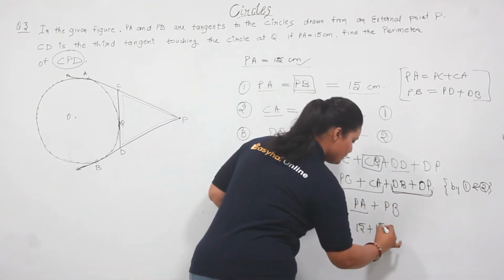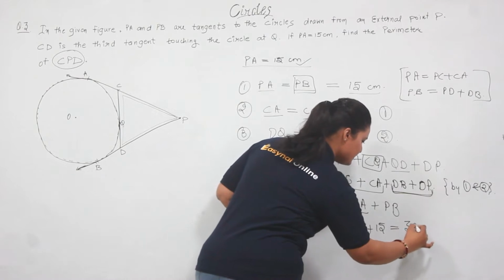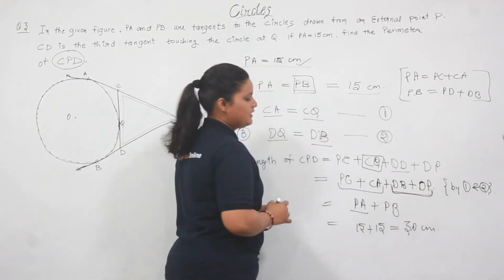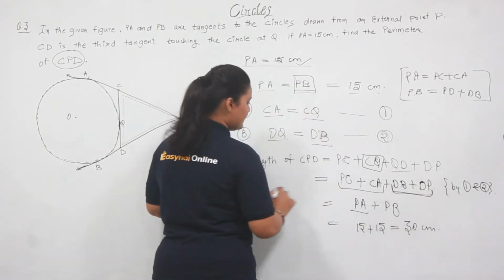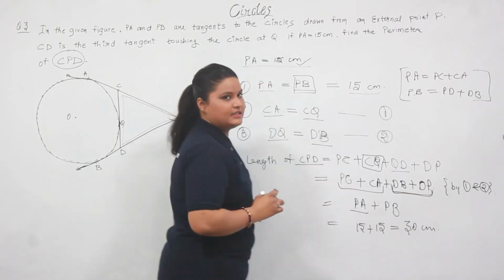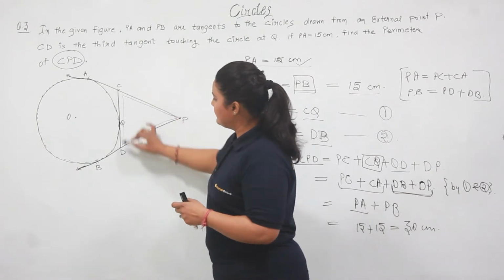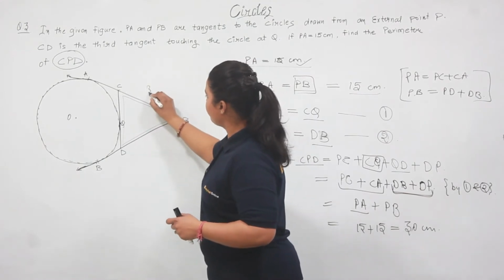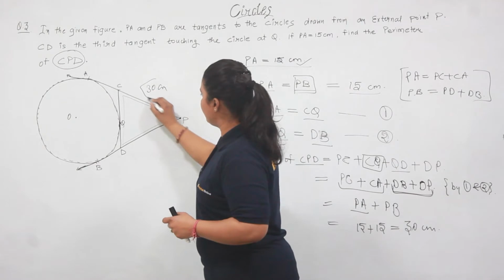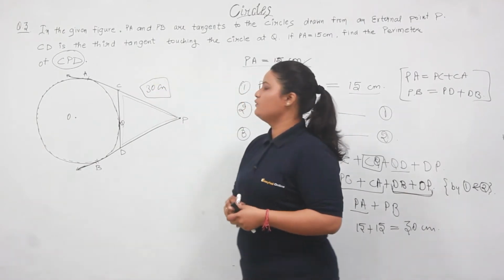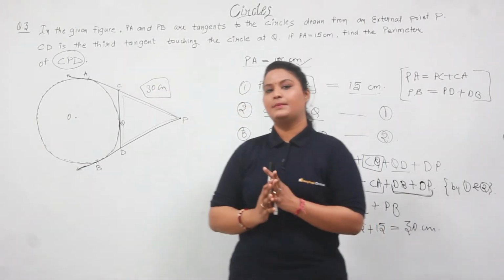It means 15 plus 15, hence it is 30 centimeter. I can say that the length of PCD is equal to 30 centimeter, and this is my required question. What is the length of PCD? It is equal to 30 centimeter.